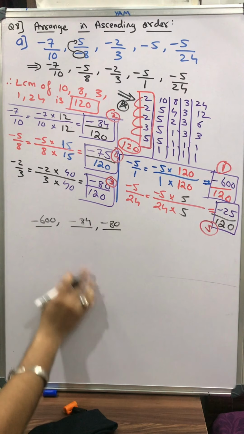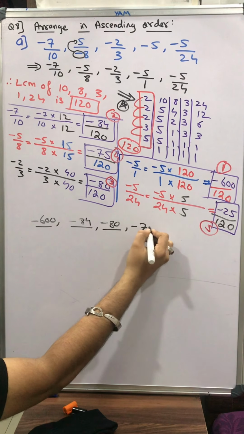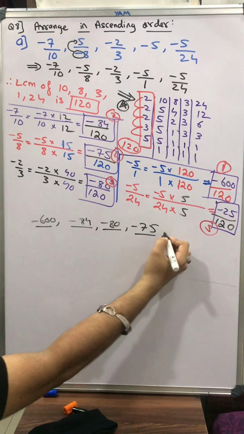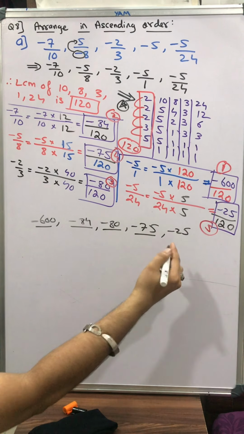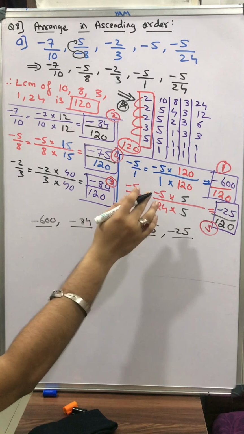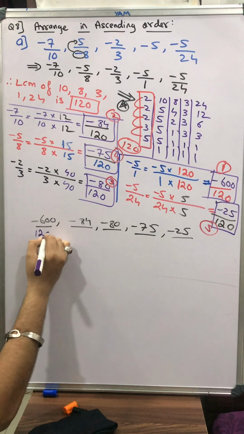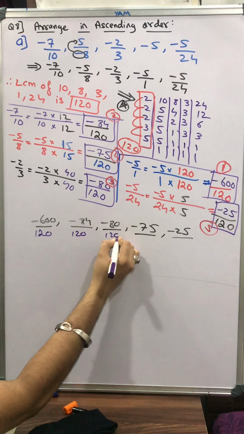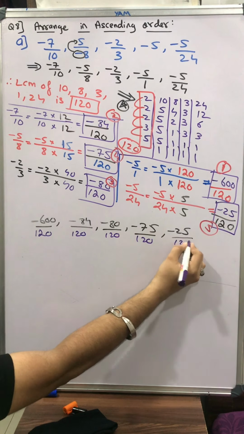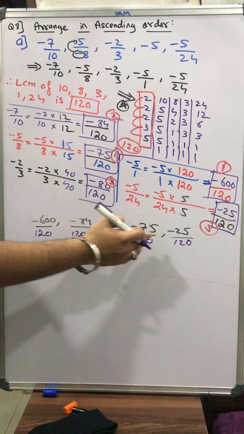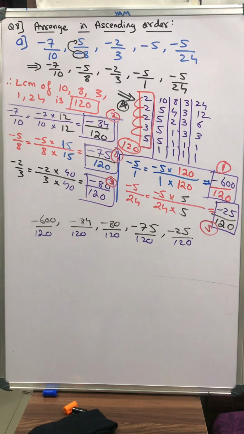Fourth one is minus 75, of course upon 120 will come. And the fifth and the last will be minus 25. It is the biggest one because of the negative sign it's the smallest number. So in the denominator I'll put 120, 120, 120, 120, 120. So students, when we arrange in ascending order from the smallest to the biggest, we got minus 600, minus 84, minus 80, minus 75 and minus 25.